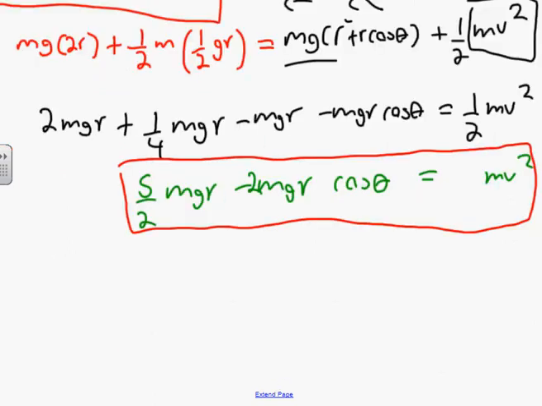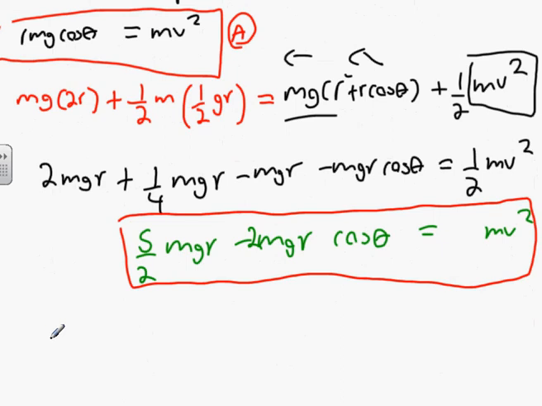Now, mv squared equals mv squared is basically what I'm doing here. So I'm going to have rmg cos theta, same thing as mgr, so I'll change rmg to mgr just to keep it compatible.